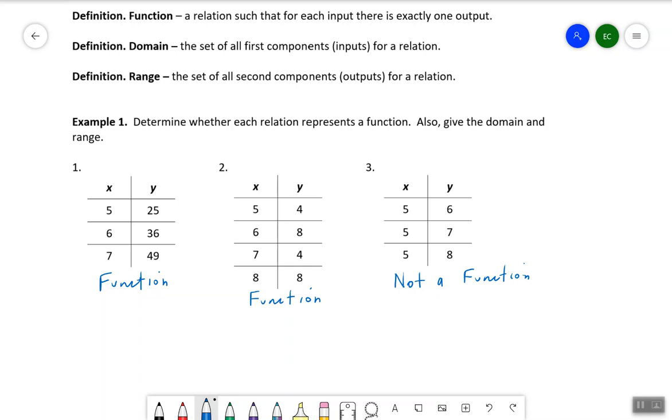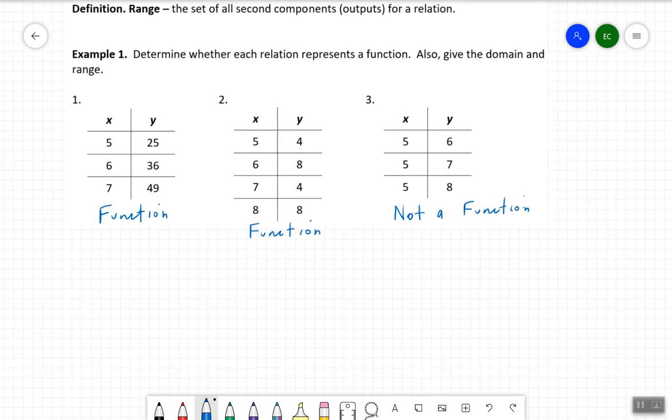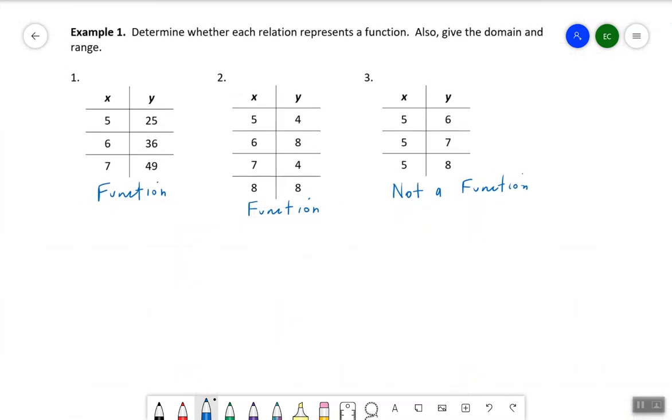Okay, let's go on and let's talk about domain and range. So back to the first table, the domain is the set of all x values, and so it's just 5 and 6 and 7. And the range is the set of all y values. It's 25 and 36 and 49.